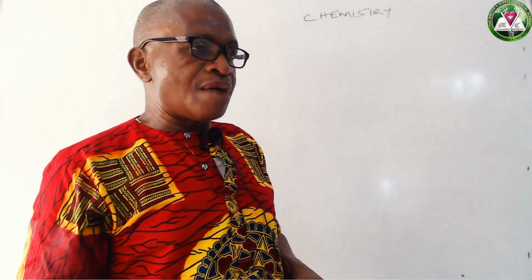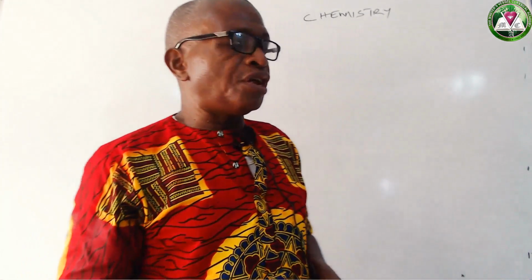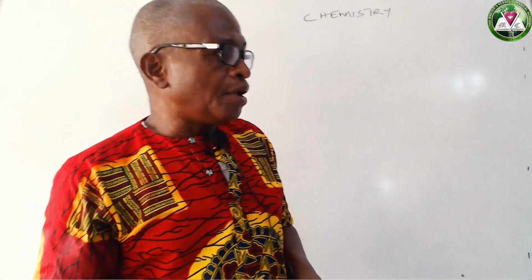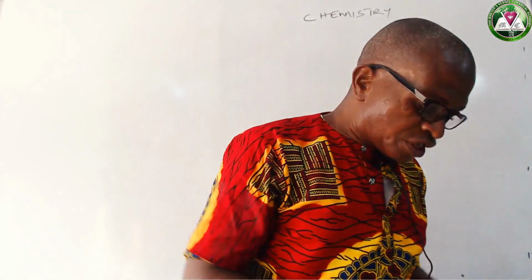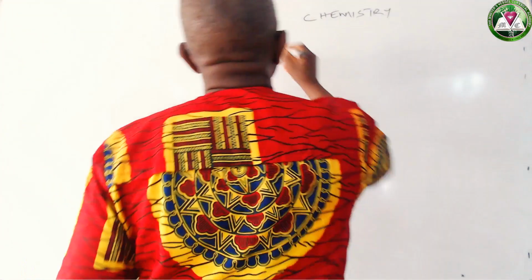Today we'll be looking at uses of hydrogen, because the last time we talked about the physical properties of hydrogen, we equally discussed the chemical properties of hydrogen. Today we'll look at uses of hydrogen.